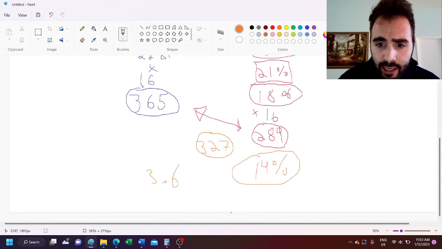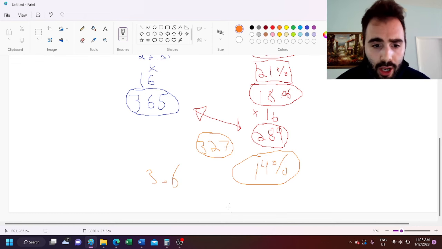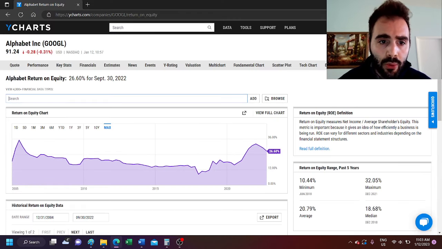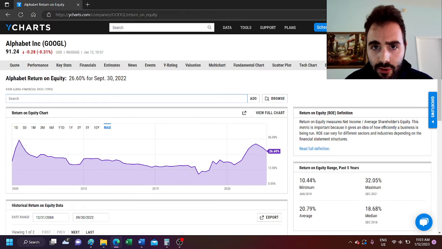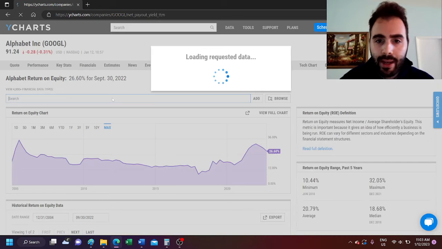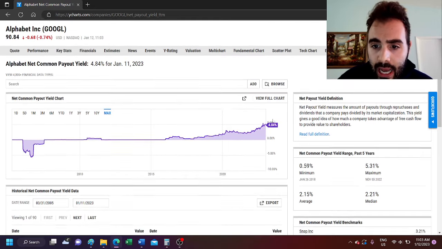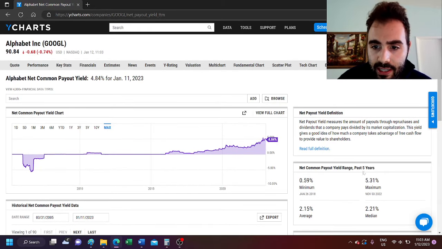In addition to this number, which is simply from the rate of Google's earnings and so forth, we also have to look at what returns we're going to get from dividends, as well as from share buybacks. That is called the net common payout yield, which combines dividends plus share buybacks. Google has been averaging about 2.2% over the past 5 years.